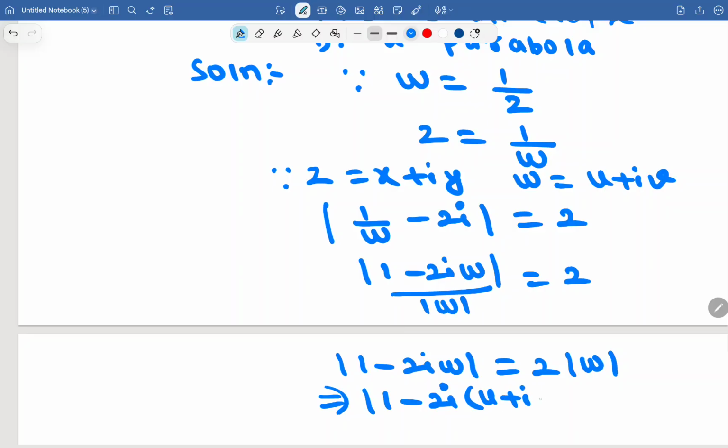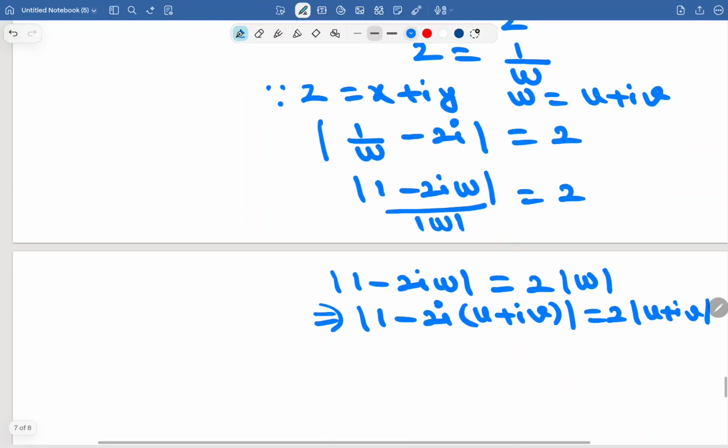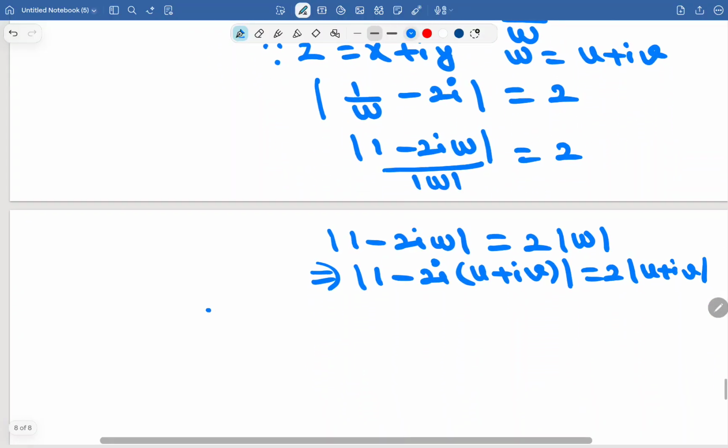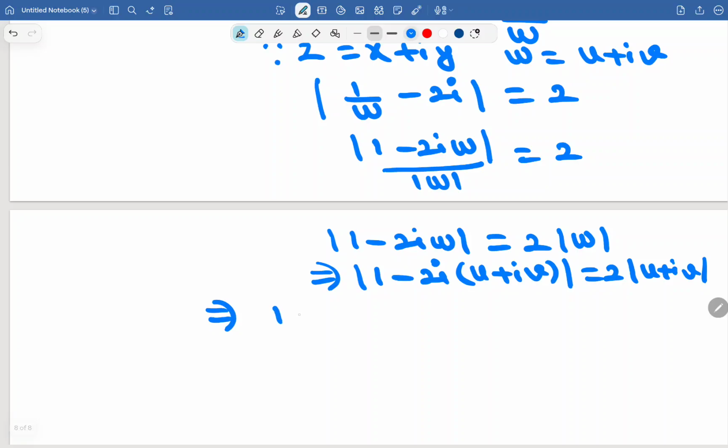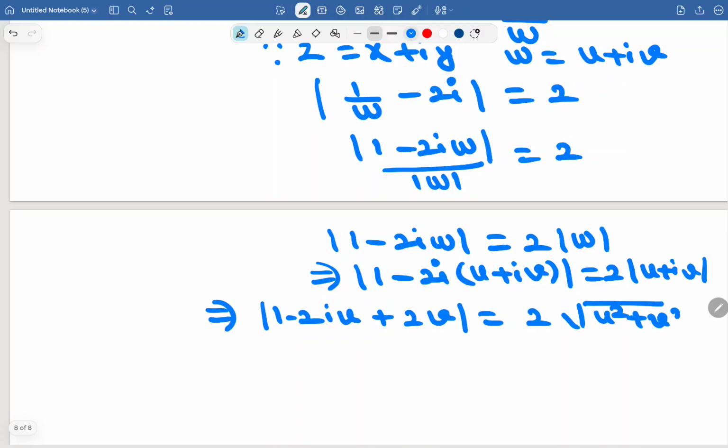What is w? u plus iv, which is equal to 2 times modulus of u plus iv, which implies 1 minus 2iu, i square is minus, plus 2v under the modulus, 2 times root of u square plus v square.